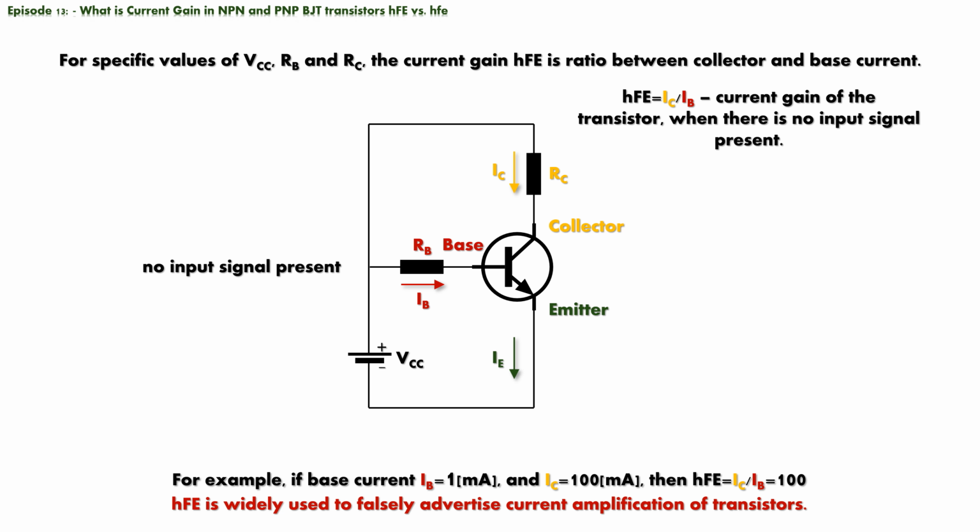For example, for most common types of NPN and PNP transistors, manufacturers advertise hFE gain of 250 or more, while using 10 microamps for base current, and 3 volts for VCC. This deceptive practice is common for all transistor manufacturers. They fine-tune and cherry-pick parameters to make their product stand out as one with highest current gain.